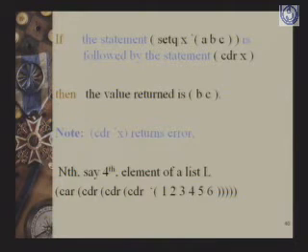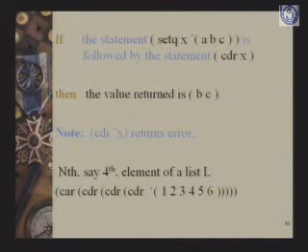Then the second cdr, when applied, will return 3, 4, 5, 6 as a list. When the third cdr is applied, we get the list 4, 5, 6. And finally the car returns the first element of the last list, 4, 5, 6, and hence 4 will be returned.